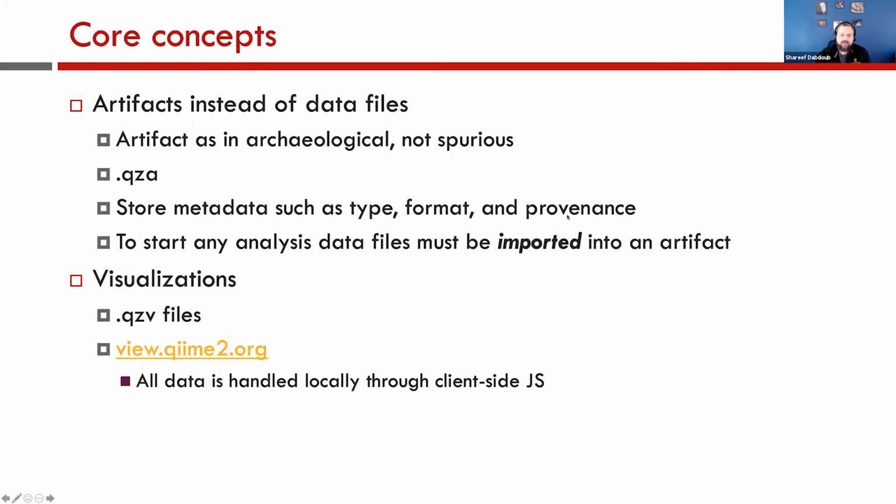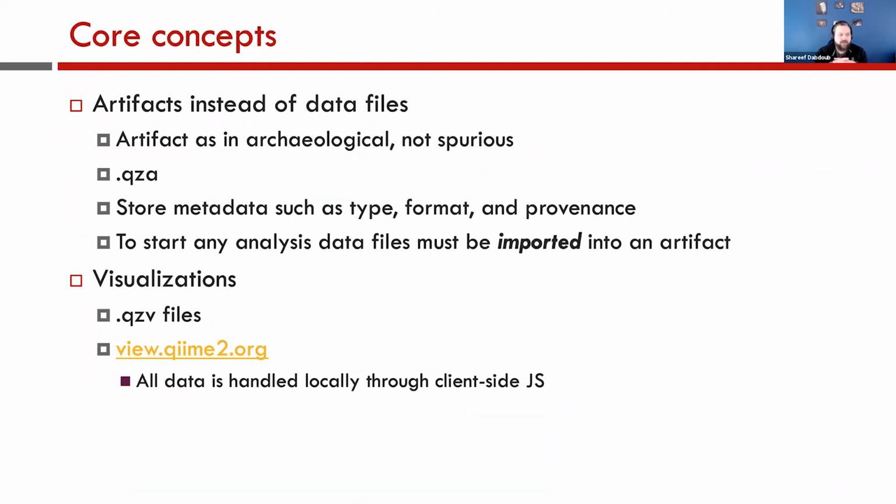The last thing here is provenance, but it's really about reproducibility. Each QZA file maintains a list of all the tools that were run before it, so you know exactly how that file was generated. You can look at any of that with the website view.qiime2.org, which is their standard tool.